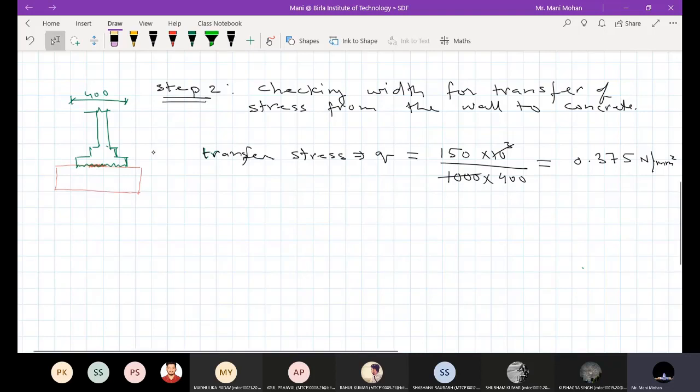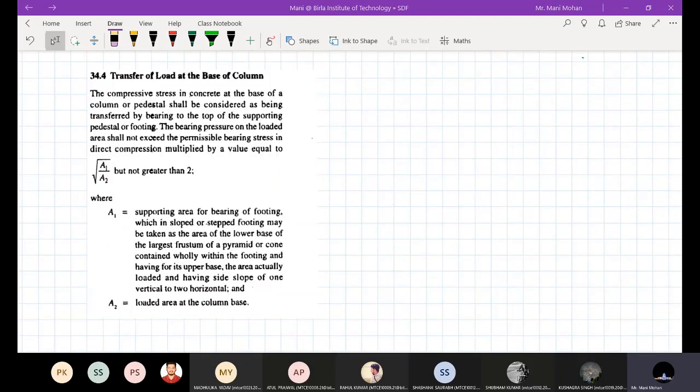Okay, so what is the allowable bearing stress? How will you know about this allowable bearing stress? So what I will do, I will take a screenshot of IS 456. This provision is there on page number 65.